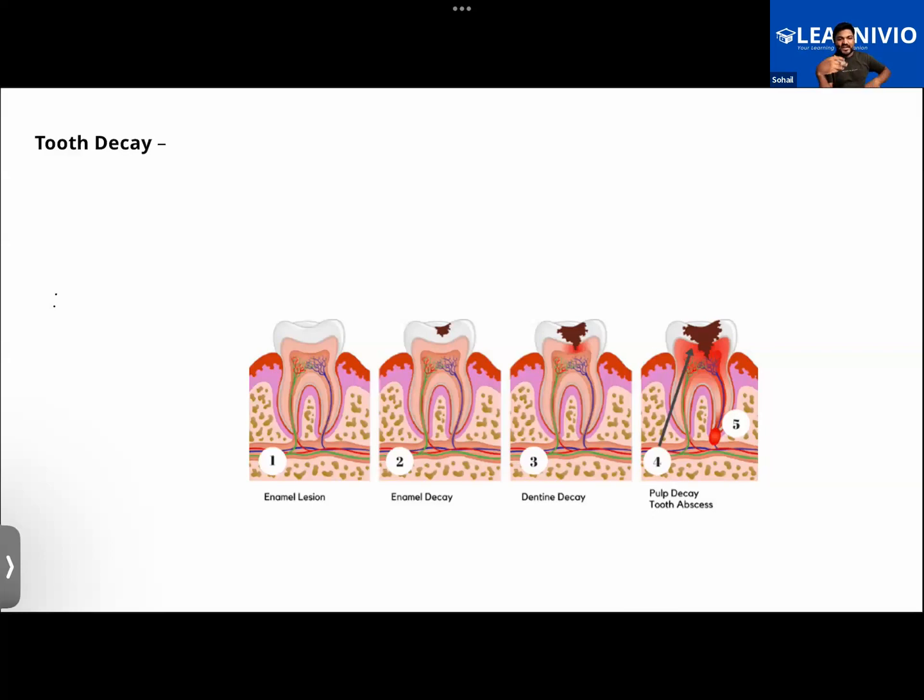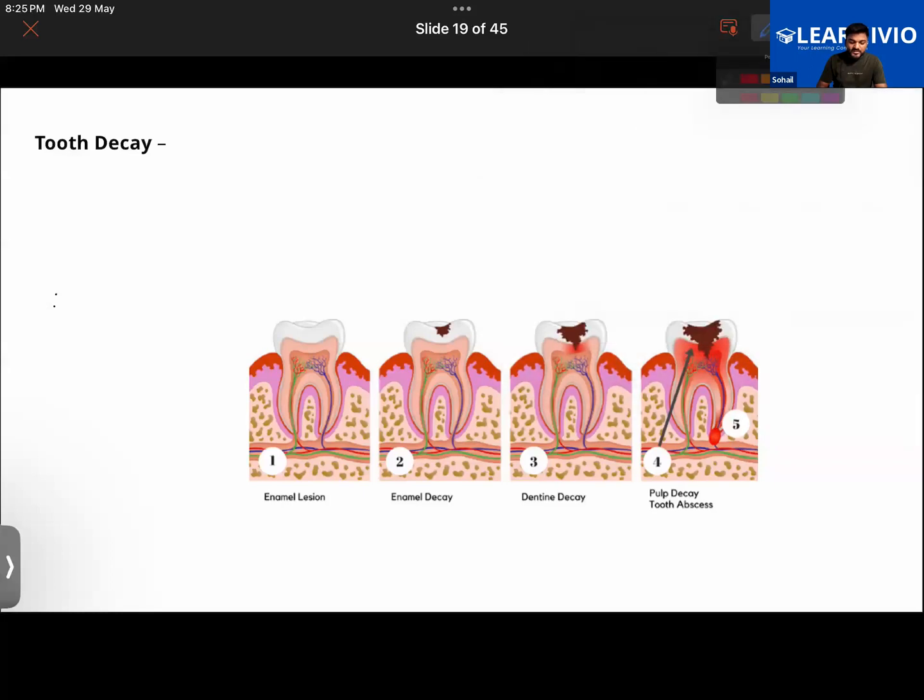So the acids released by the bacteria will start to damage the surface of teeth that we know as enamel. What do we call this white layer above the teeth? It is called enamel, by the way, ENAMEL. And the bacteria starts to damage it, and the damage can reach the nerves also.